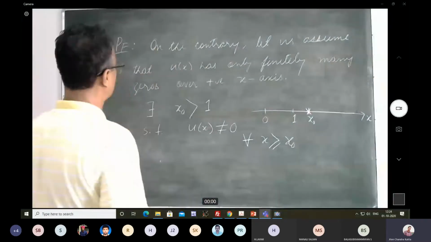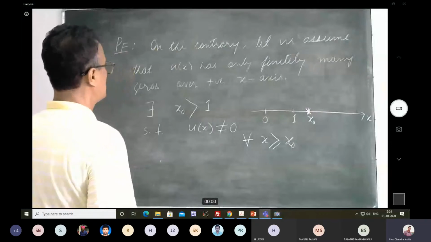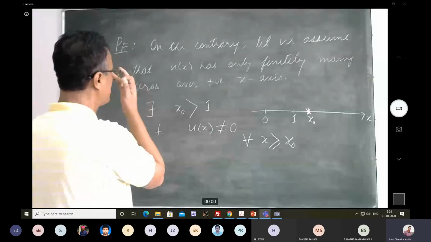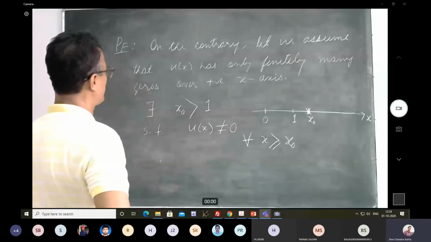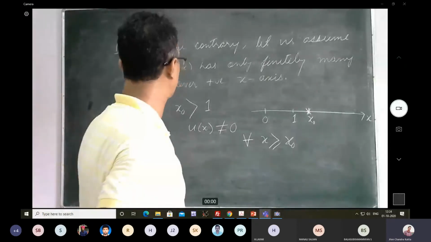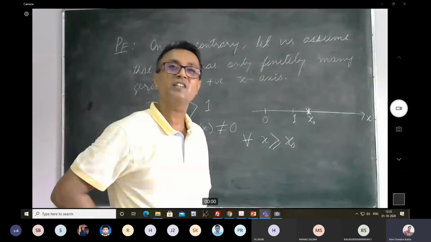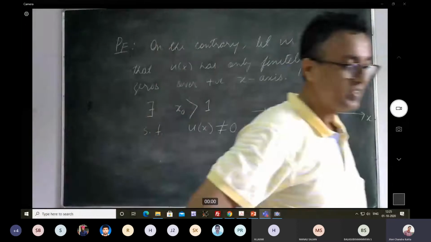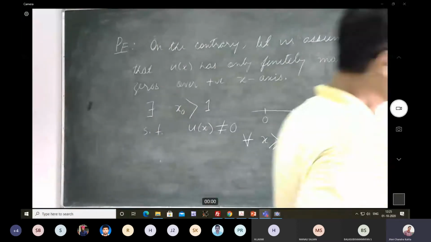So now we are going to contradict this. Even if we don't want to contradict it, if somehow I can prove that u prime of x is negative, that means the function is monotonically decreasing, and then I am done. Is it okay with everybody?